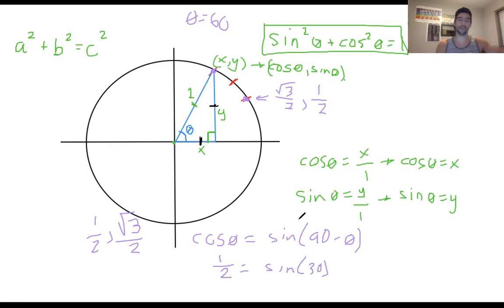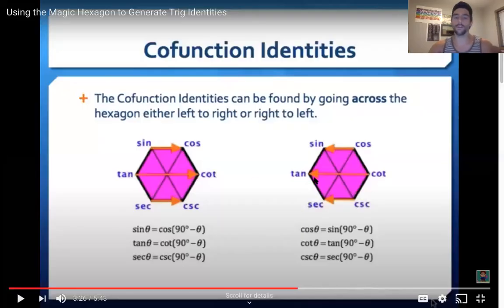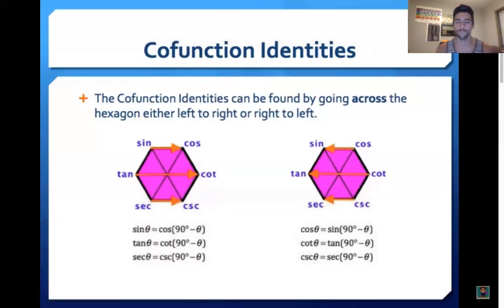If I take cosine at a theta angle, that's going to be equal to sine at 90 minus that same theta angle. And that's true for the other relationships, tangent, cotangent, secant, and cosecant. So each one of the cofunction identities can be found by going across the hexagon, either left to right or right to left.